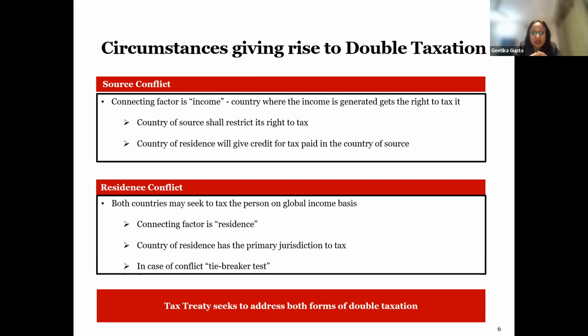So there are two types of connecting factors, residence and source. It means a company can be taxed in a country either on the residence link or on the source link.